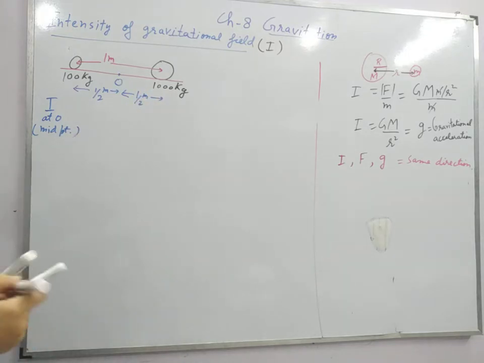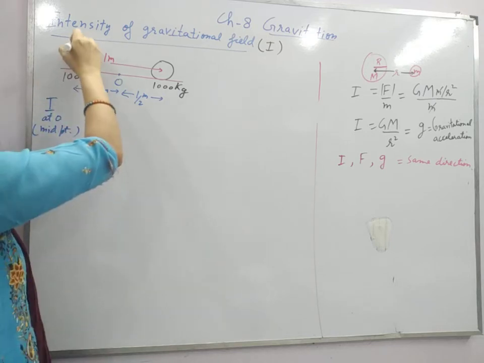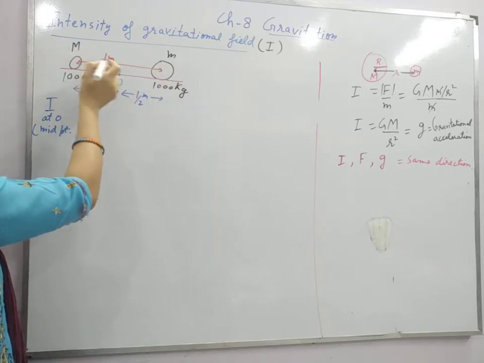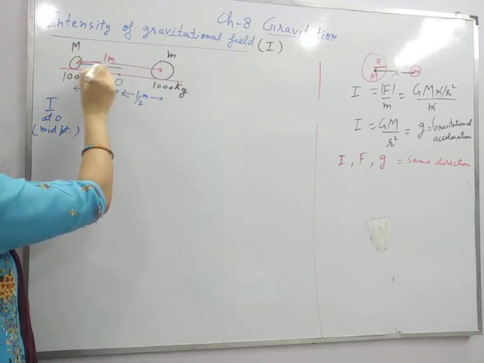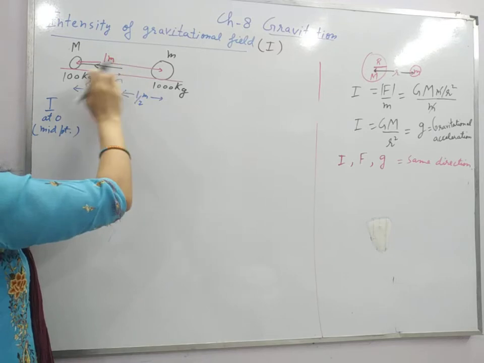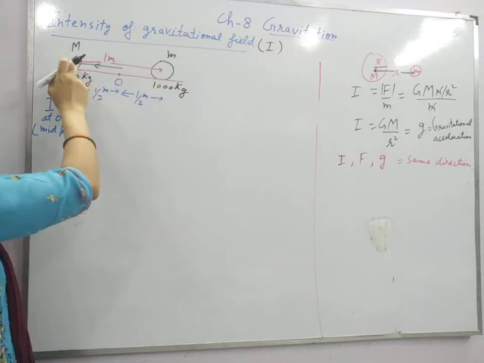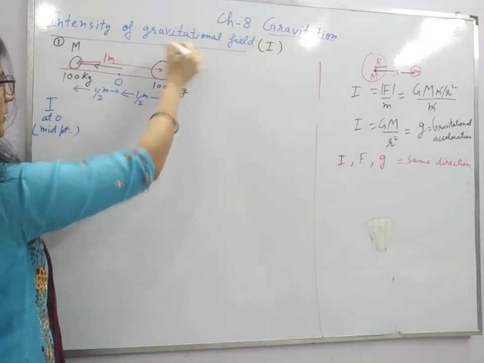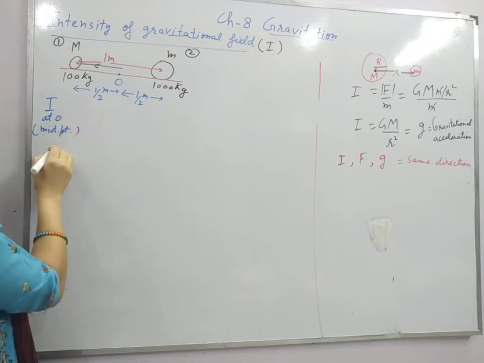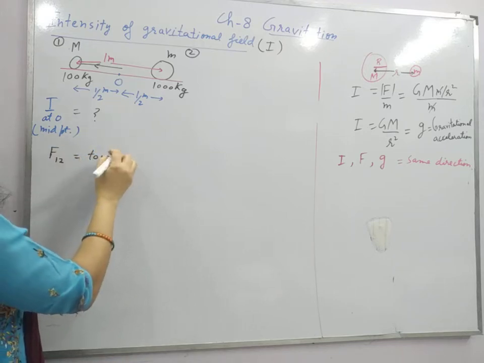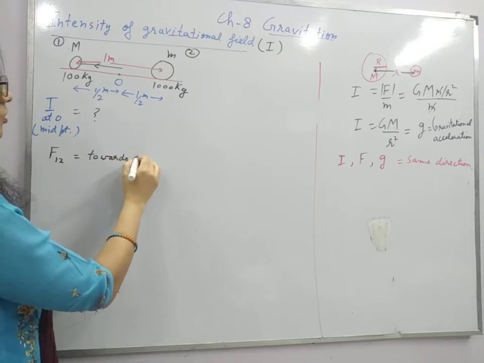What will be the direction of gravitational acceleration? We know that this first mass will attract the other mass. So the gravitational force on this mass due to this mass will be this way, right? If I mark this as first and this as second, then the force on 1 due to 2 is towards 2. Why?